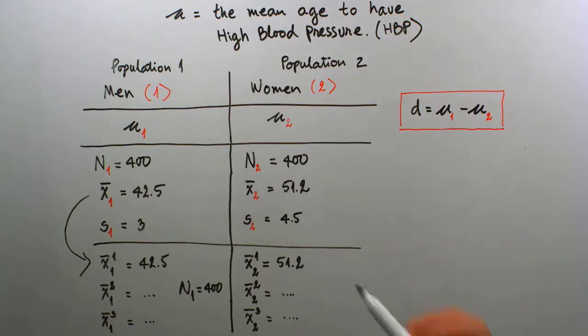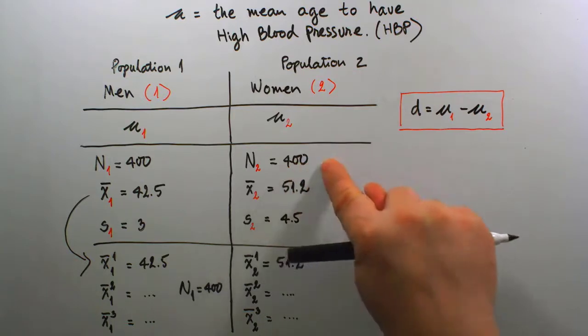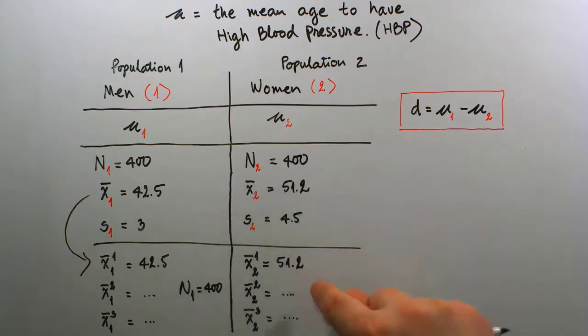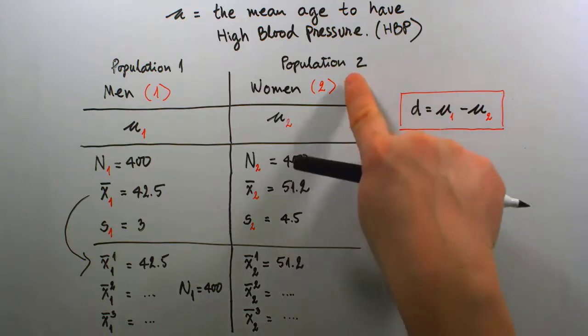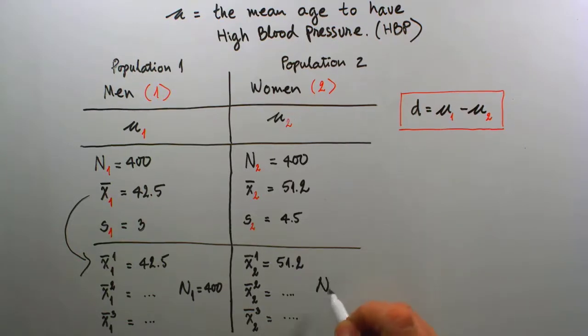And so again, n2 equals 400 here simply means that no matter how many samples we want to select from population 2, all of these must agree. All of these samples must agree to be on the same sample size.